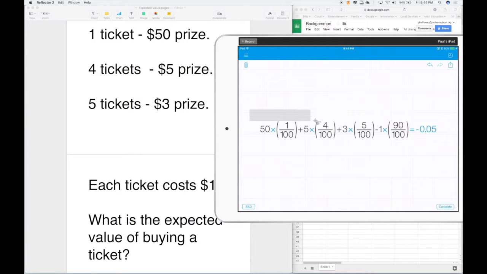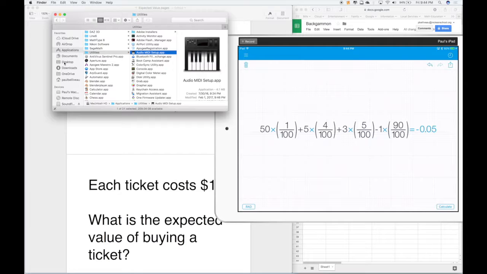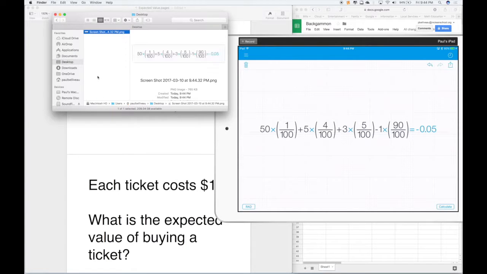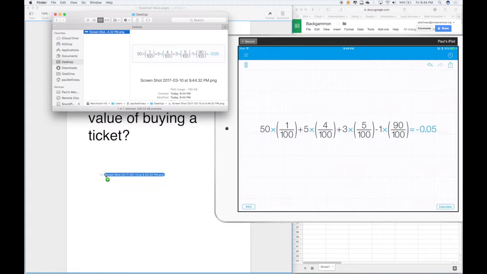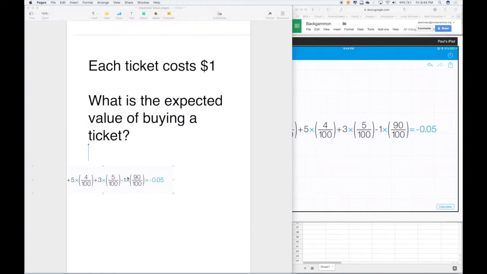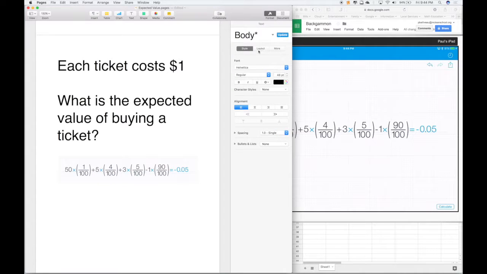I'm going to insert this into my document, take a little capture of it, and there it is. Here's where I asked the question. Here's my math, and here's my statement, which will be my interpretation of this in a slightly smaller font.